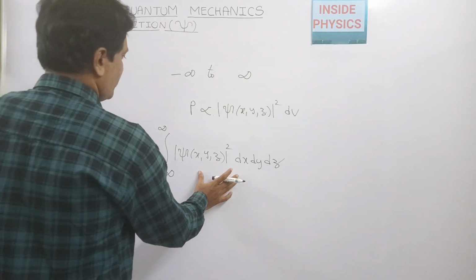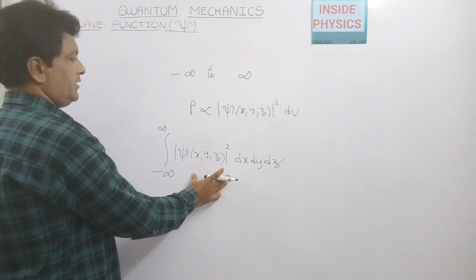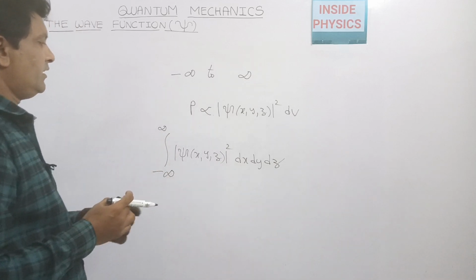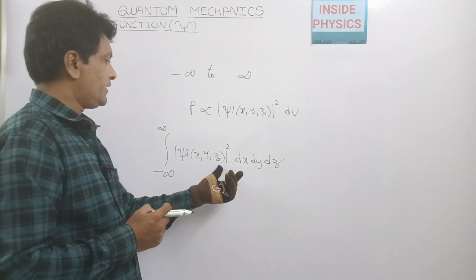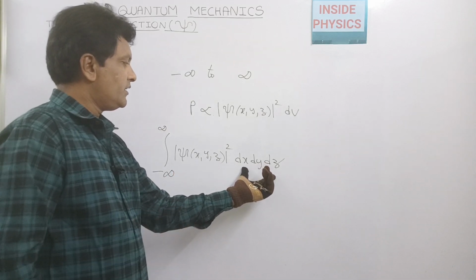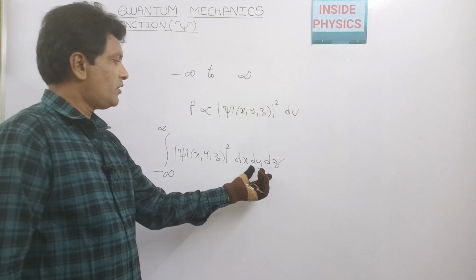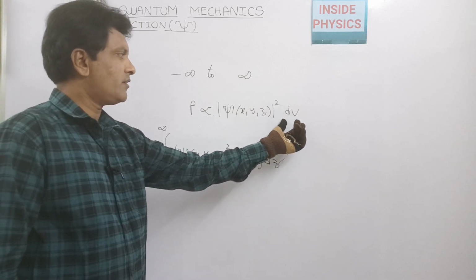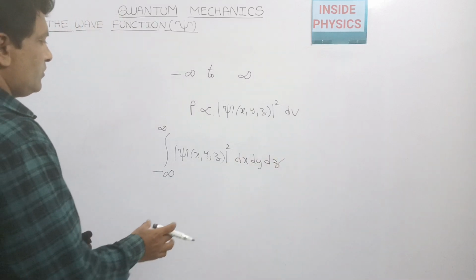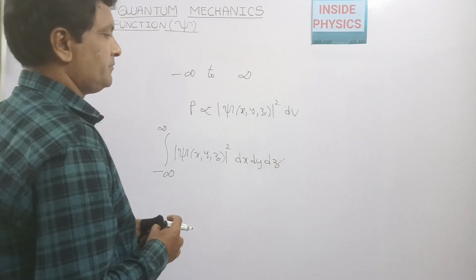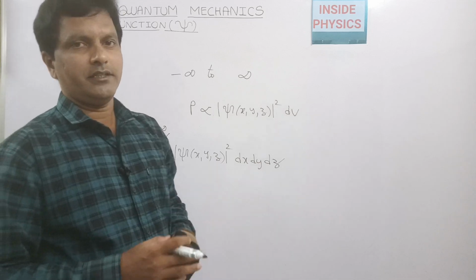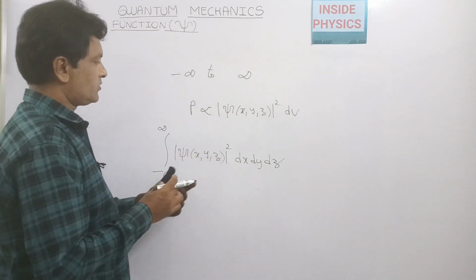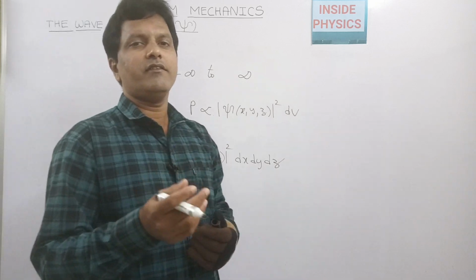This gives the probability of finding a particle in the limits minus infinity to infinity for the position coordinates x y z, and these give a small space dx dy dz, termed dv.